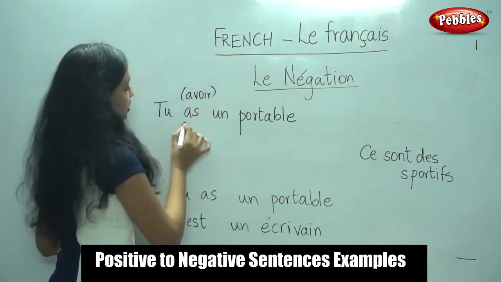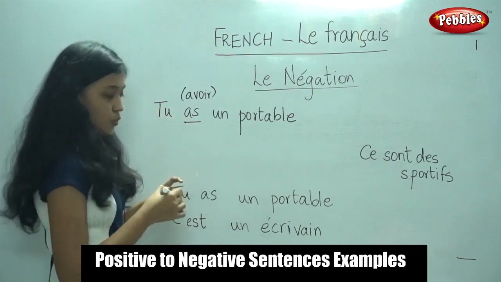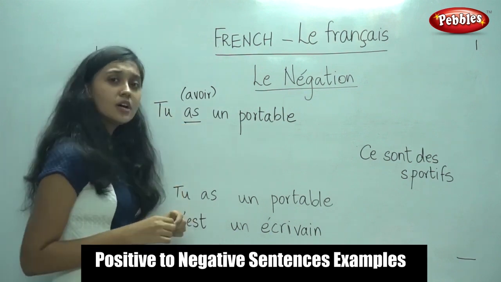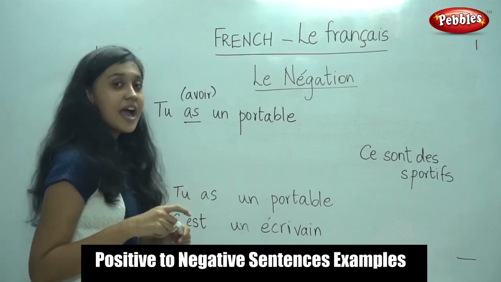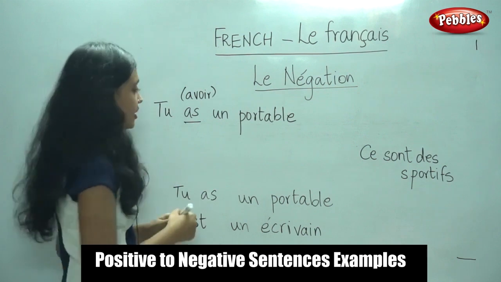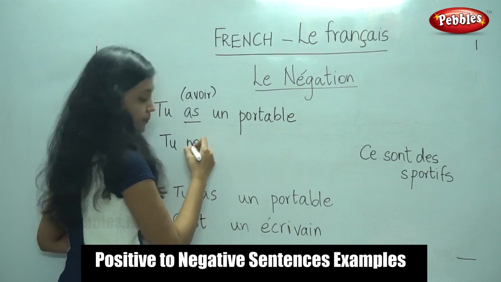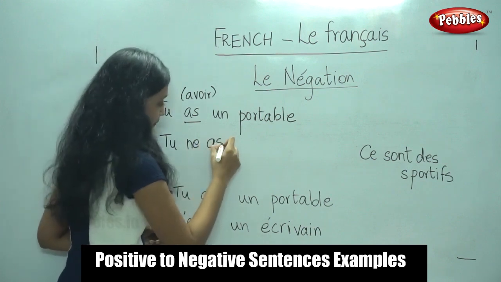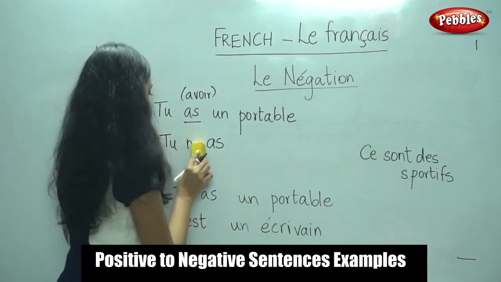And for tu, it is conjugated as a. Tu as. So we have identified the verb. What is the next step? We have to put ne before the verb and pas after the verb. So tu, ne, and write the verb. Since there is a vowel clash, yes, we would put an apostrophe.